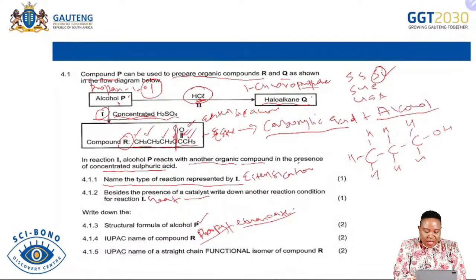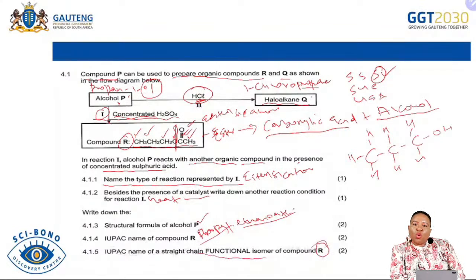And then the IUPAC name of the chain functional group isomer of R. Remember, for functional isomers, we only have 2 pairs: esters with carboxylic acids, and ketones with aldehydes. When moving from a carboxylic acid to an ester, you might sometimes have many different isomers depending on the chain length.